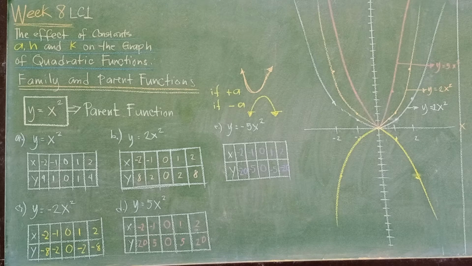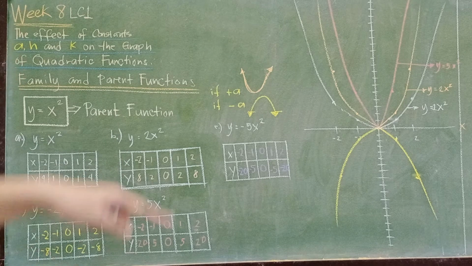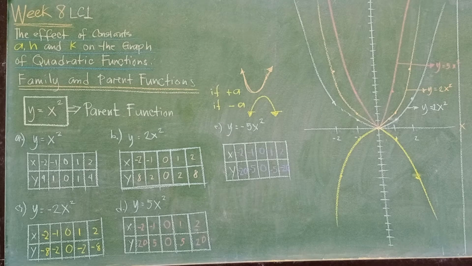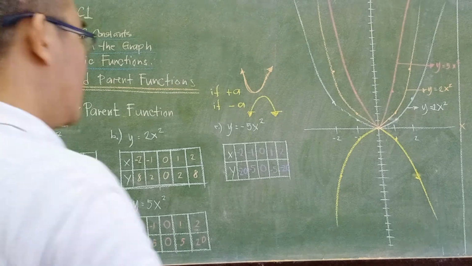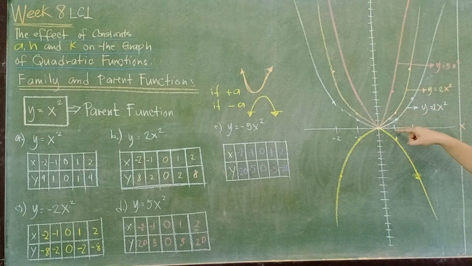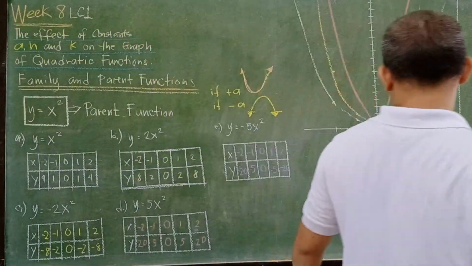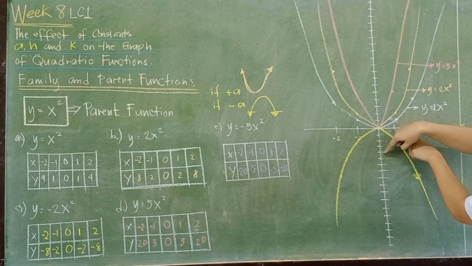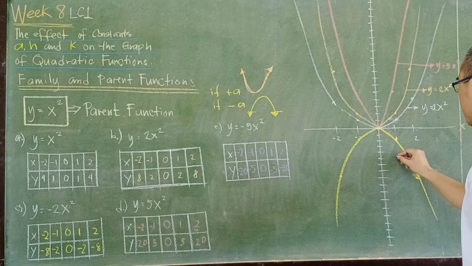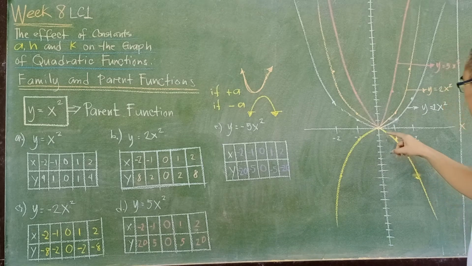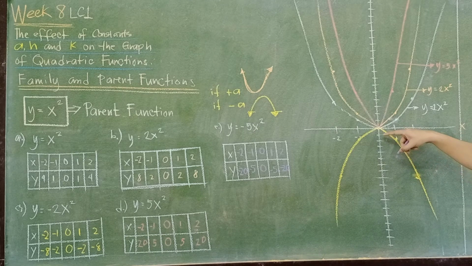So let's try to finish yung graph ng letter E, which is y = negative 5x squared. So basically, vice versa lang ng kulay pink na graph. This time, pababa. So you have 1, negative 5.